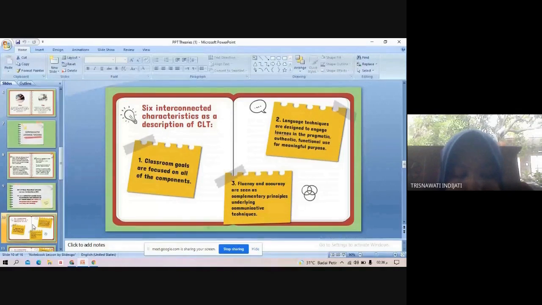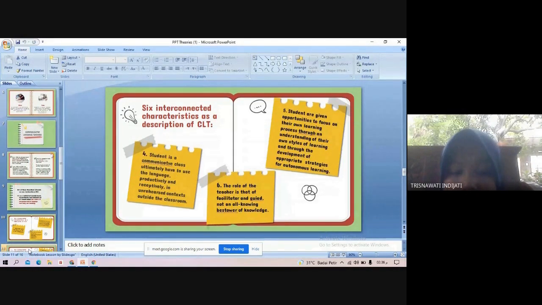Jadi teknik bahasa dirancang untuk melibatkan pembelajar dalam penggunaan fungsional yang pragmatis, otentik untuk tujuan yang bermakna. 3. Fluency and accuracy are seen as complementary principles underlying communicative techniques. Kefasihan dan akurasi dipandang sebagai prinsip pelengkap yang mendasari teknik komunikatif.